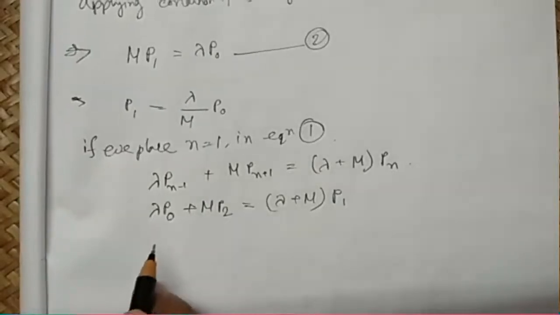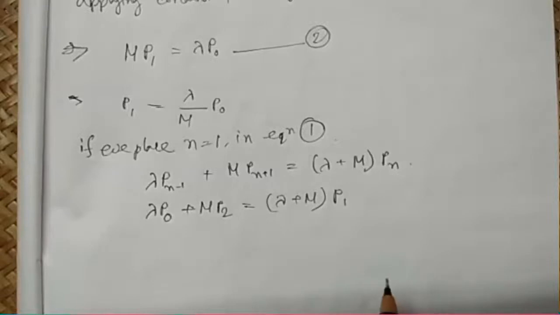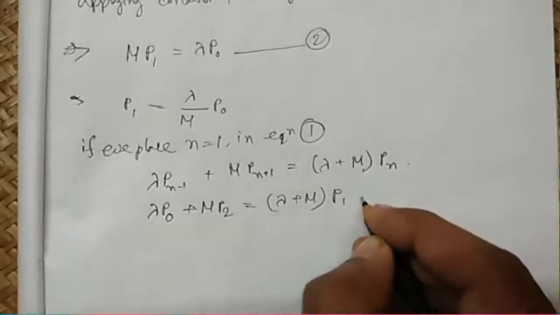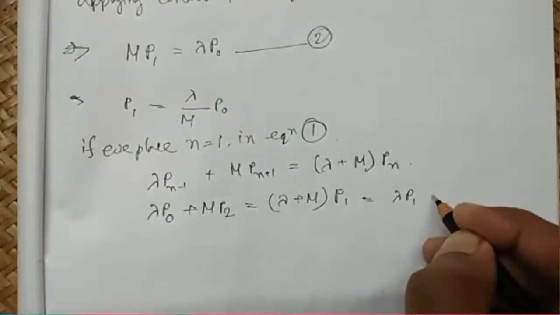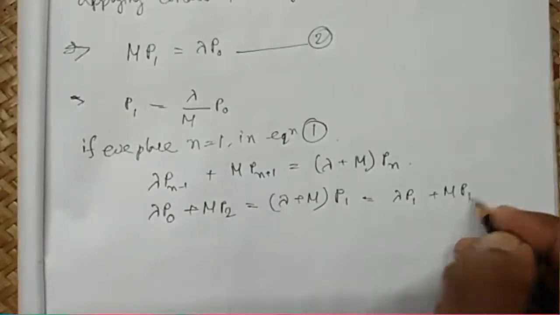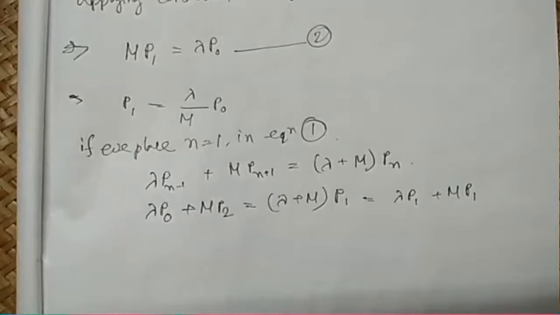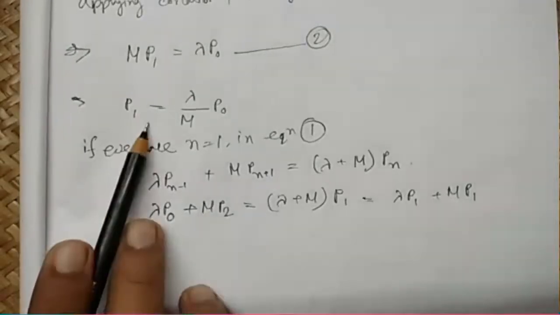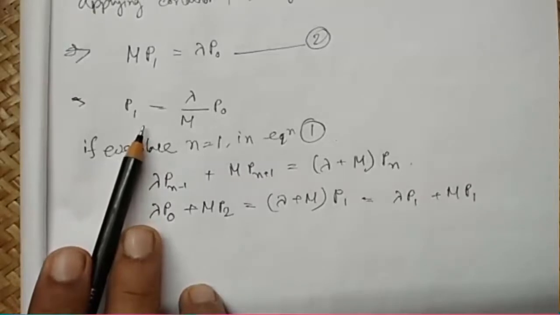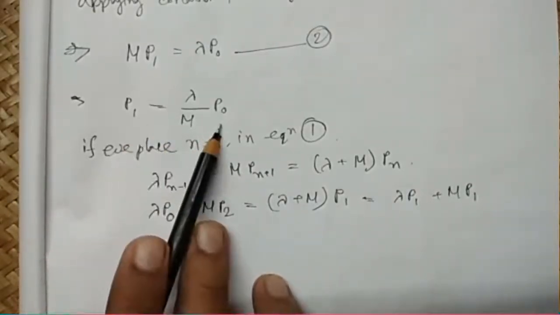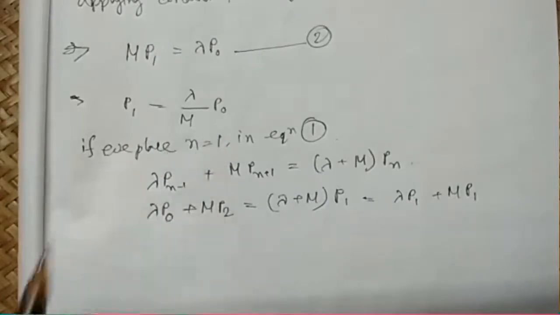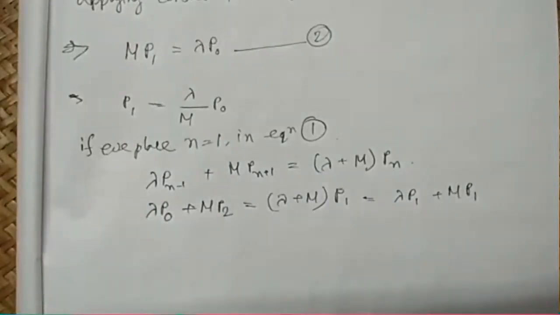Now here, let us again simplify lambda P1 plus mu P1. Now, putting the value of P1 from here, let us see what we can get.